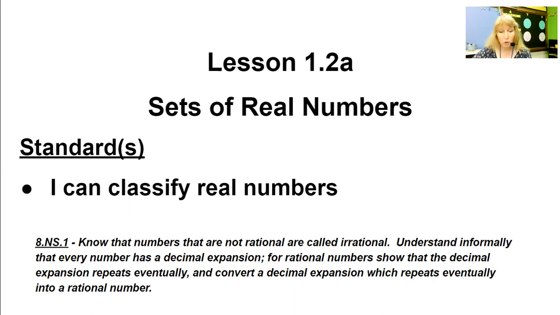And be able to show that the decimal expansion repeats eventually, and convert a decimal expansion which repeats eventually into a rational number. That's the part where we had the repeating decimals from lesson 1.1c, and we turned them into a fraction over a 9, a 99, or a 999. We'll get a chance to practice that a little bit again.